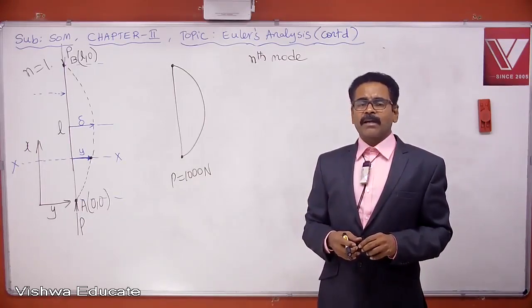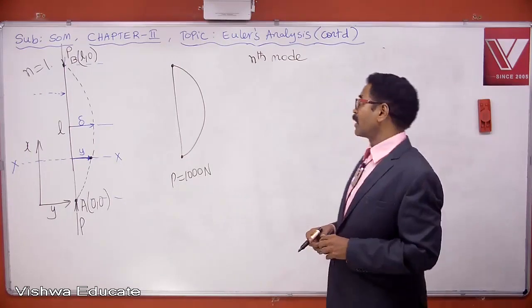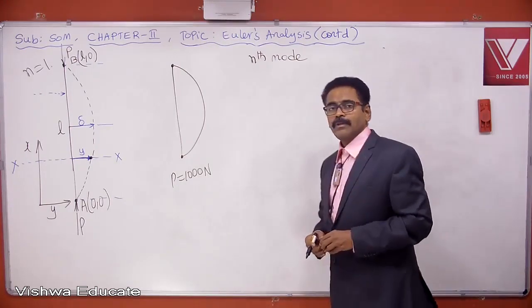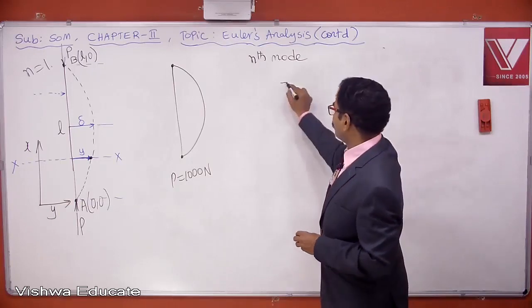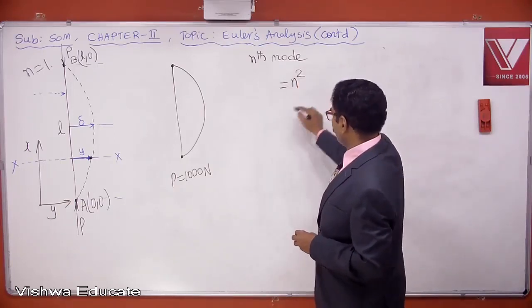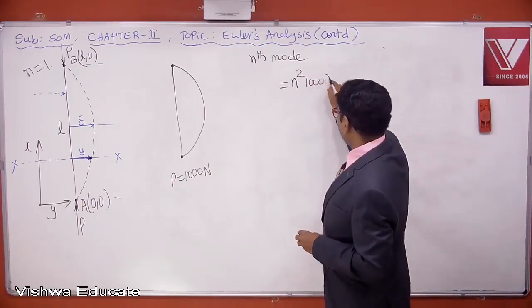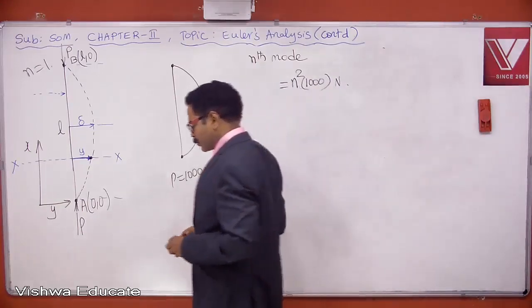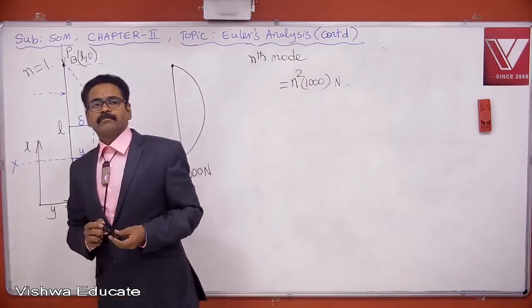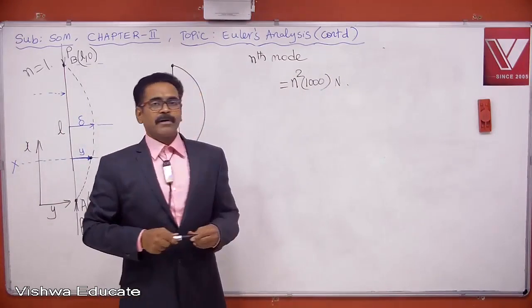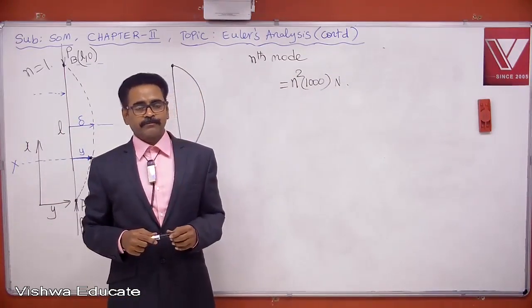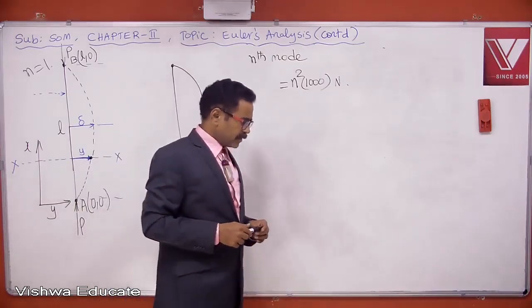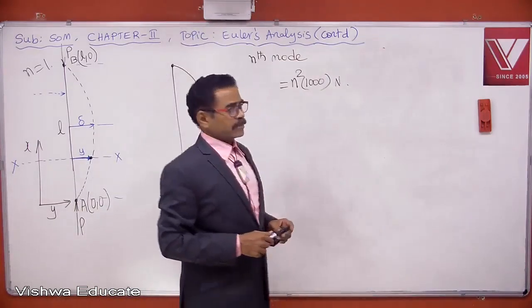So what is the answer? The answer is n square times 1000 newtons. Critical load is always proportional to n square. So n square times 1000 newtons.